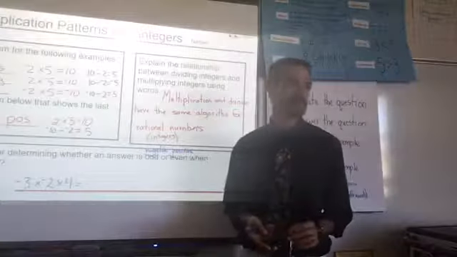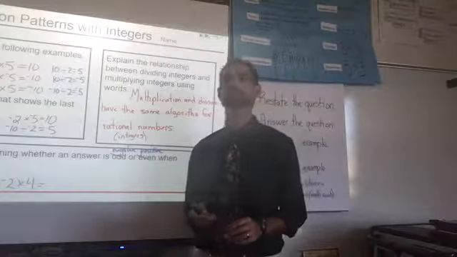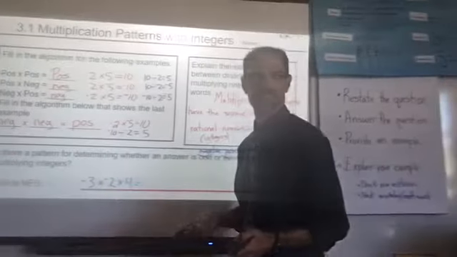Wait, what? Negative 3 times negative 2 times 4. You got it? What'd you get? Think about it. Okay.